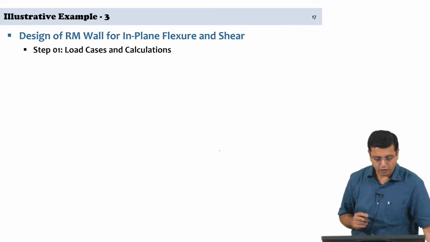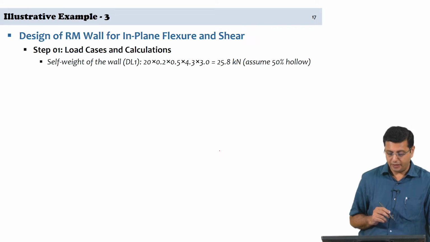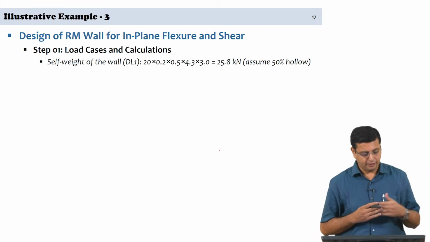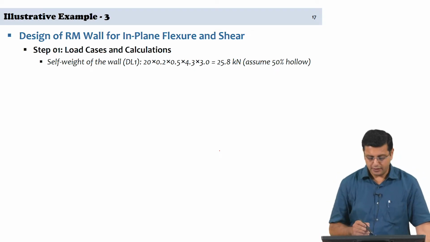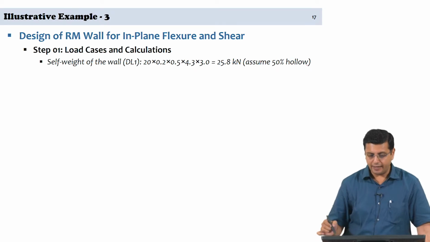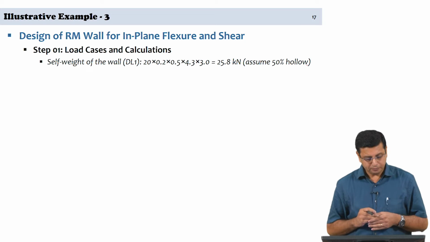So, let me come to the load cases, calculations of the load cases and the combinations thereof. The self weight of the wall is one of the dead loads that you have to consider. This is a hollow block construction. Let us assume that 50% of the blocks are retained as hollow.